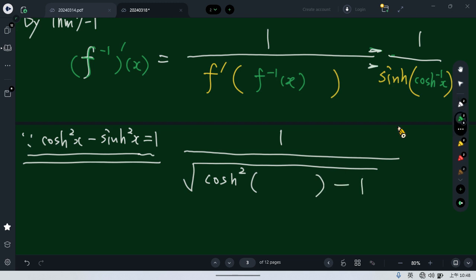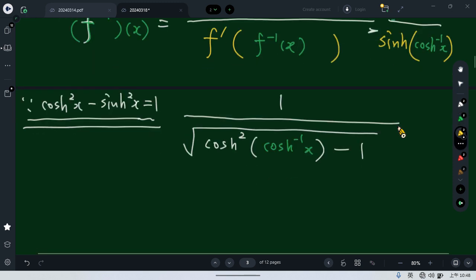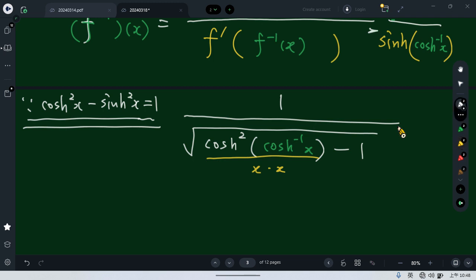But use hyperbolic cosine inverse as the input, right? By using this formula, you can just convert it from here to here, but still use hyperbolic cosine inverse as the input for this part. Then again, you can see there are two x just happen here. So finally, we can get the result is 1 over square root of x squared minus 1.